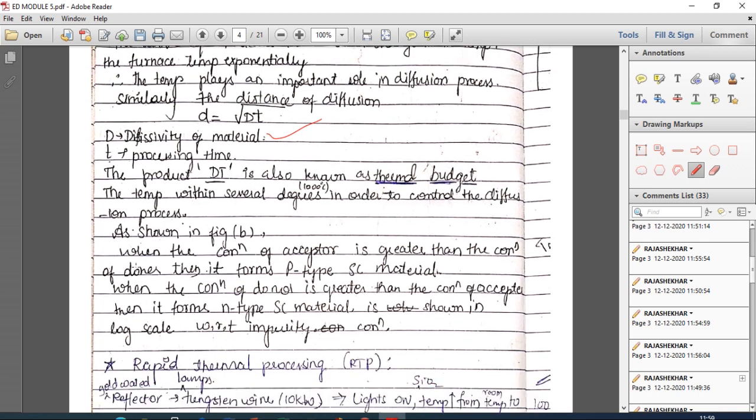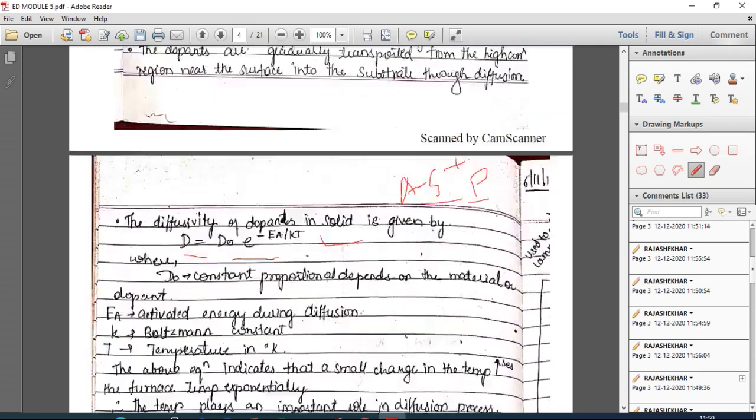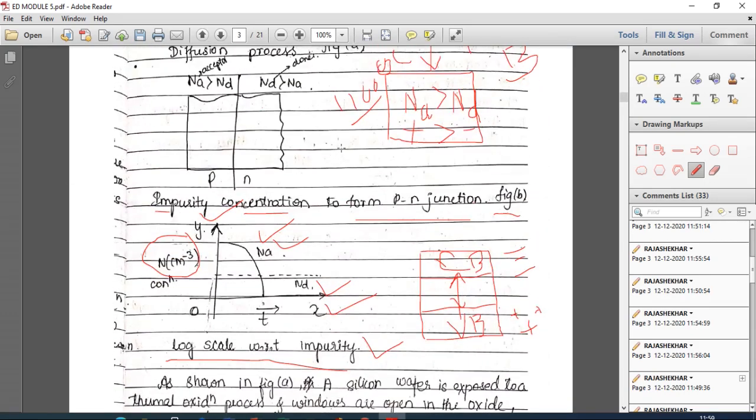And at the last, when the concentration of acceptor is greater than the concentration of donor, it forms p-type semiconductor material. This is another point shown here for the impurity concentration, as I said earlier.